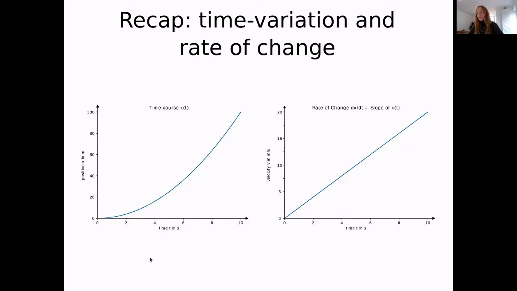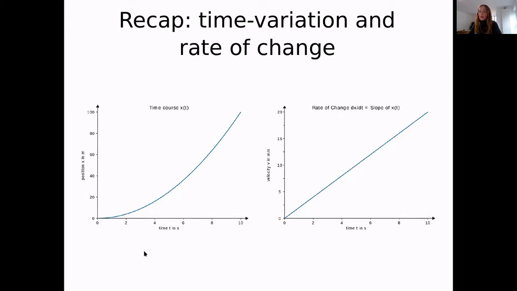And when we take the derivative of this function, we get the velocity, so the rate of change, which is the slope of my position in space at every time. So here the function is steeper than here. So apparently my rate of change increases over time. This is exactly what is covered here by this linear function.